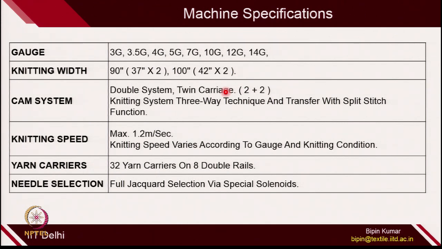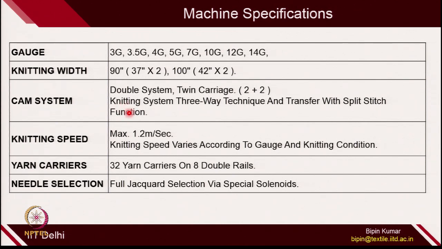In each of these carriages you can have 1 system, 2 system, 3 system. I showed you the video of 3 system, and single system you have already seen. If a machine has twin carriage with 3 system, it means in one go you can produce 6 courses. That is the benefit of having multiple systems and multiple carriages.